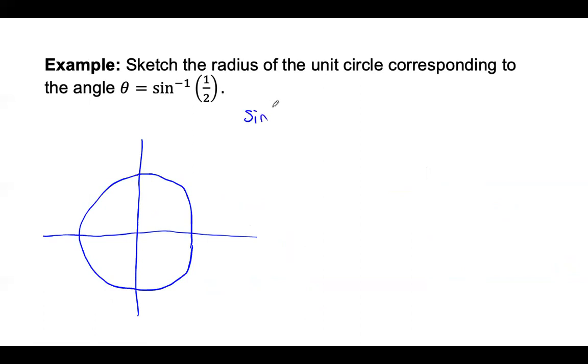So the sine inverse of a half, we know this is just the same thing, arc sine by definition. I'm just writing it. What number between negative pi divided by 2 and pi divided by 2 is equal to a half?